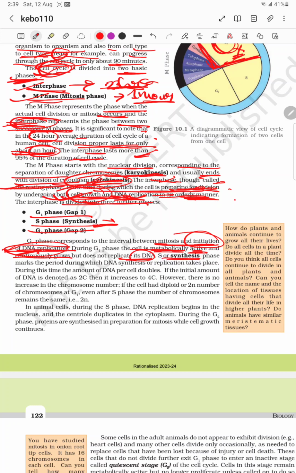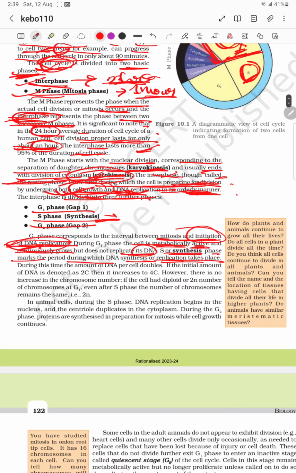Now the synthesis phase marks the period during which the DNA synthesis or replication takes place. S phase is where DNA synthesis takes place, or we can say replication. During this time, the amount of DNA per cell doubles.